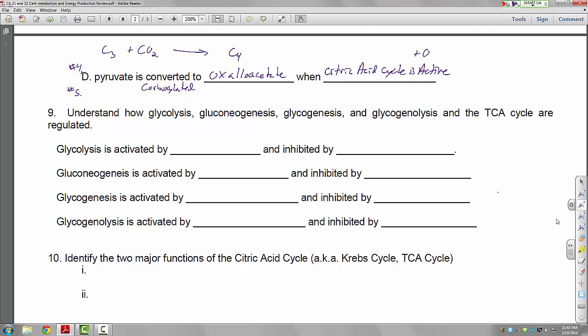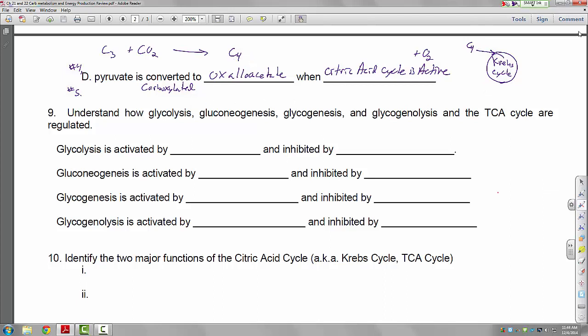Which means oxygen is present in order for the citric acid cycle to be working. And the reason for that, I'll just put here, citric acid cycle is also known as the Krebs cycle. So it's a series of 8 reactions, and the thing about it is what starts the citric acid cycle is a 4-carbon compound known as oxaloacetate.